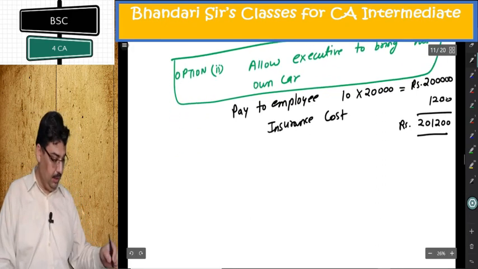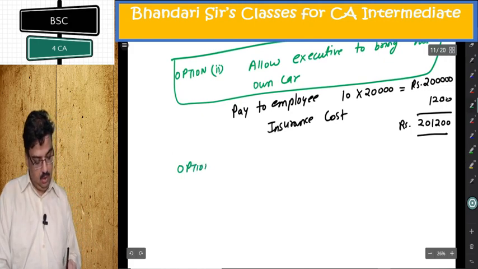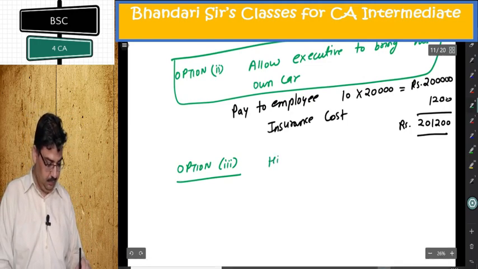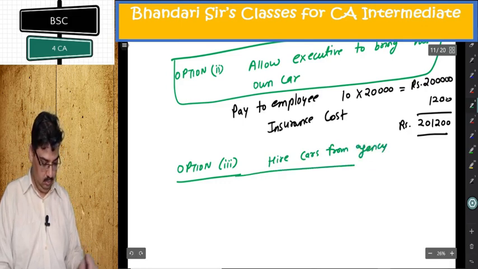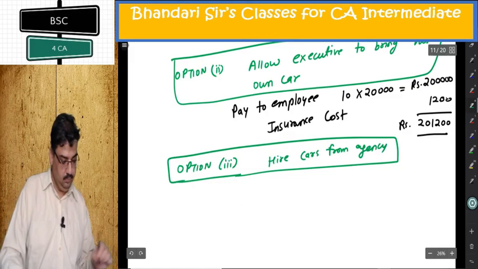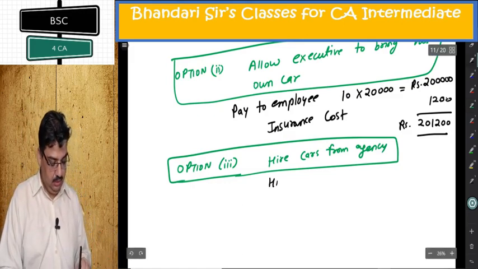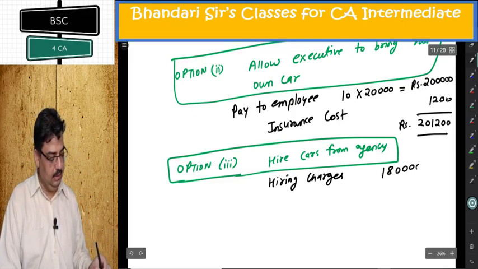Let's check option 3, then we'll decide. Option 3, hire cars from agency. In this case, you have to pay hiring charges, 1,80,000.